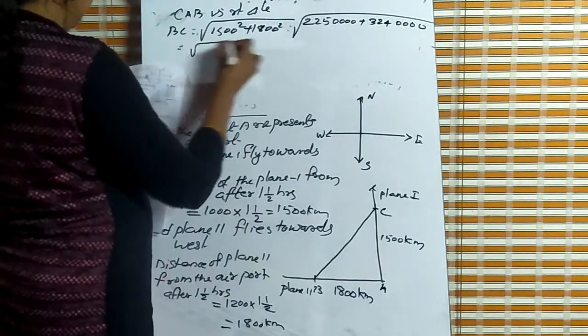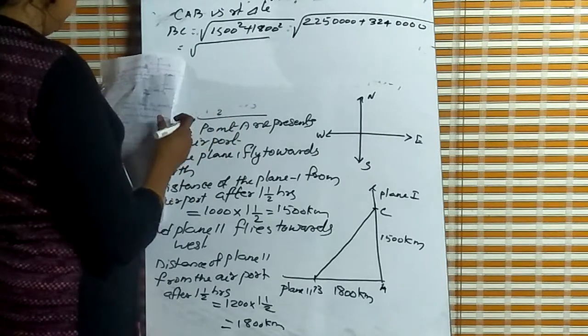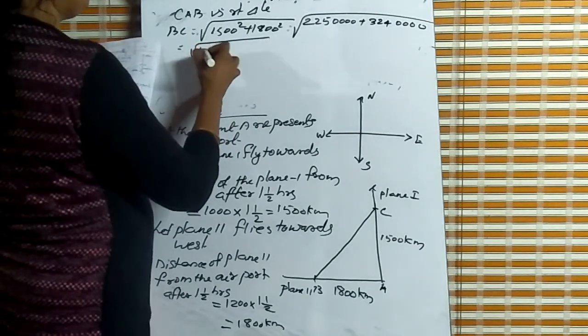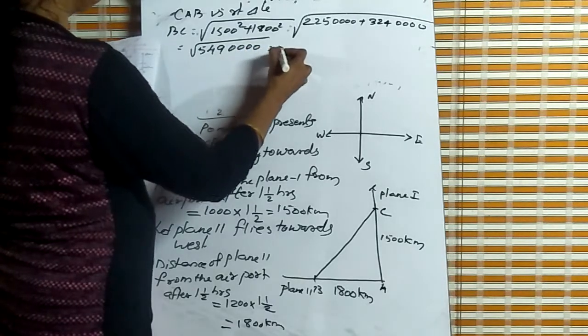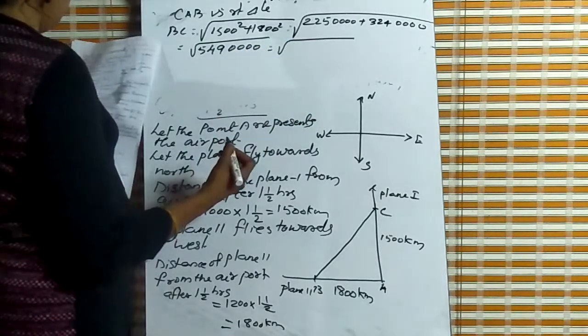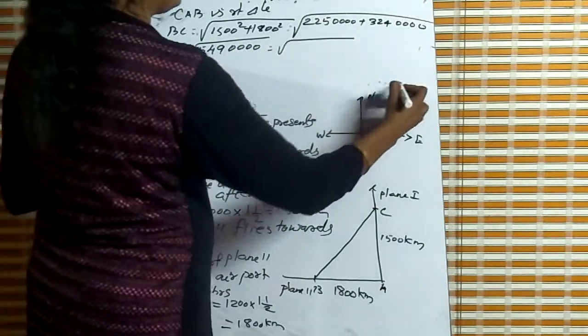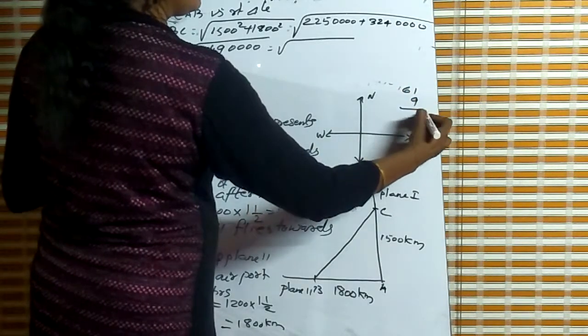We add these two, we get 549 and 4 zeros, which is square root of 549 into 4 zeros. 549 is 61 into 9.